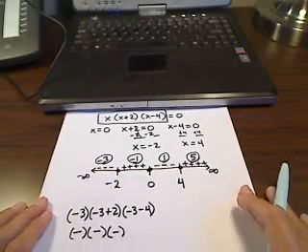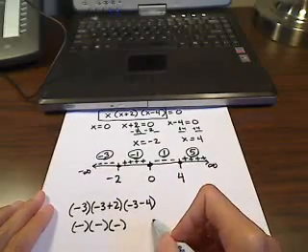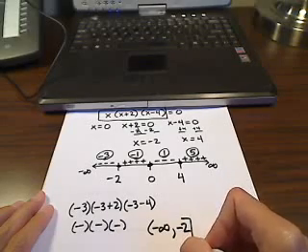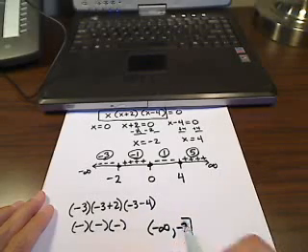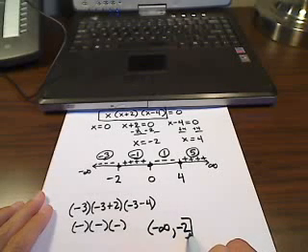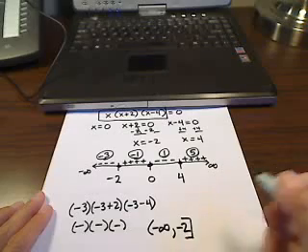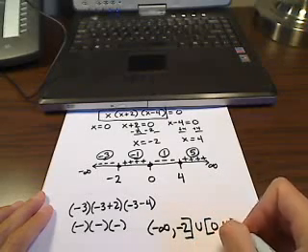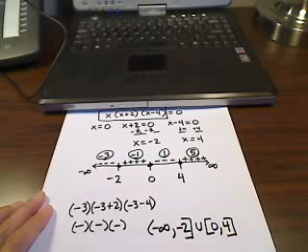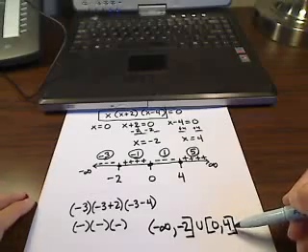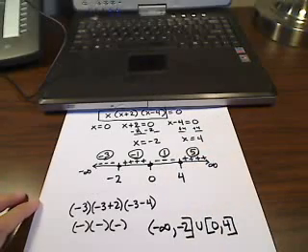So in interval notation, it would look like this. I would go from negative infinity up to negative 2. I would use a parenthesis on infinity, always a parenthesis on infinity, and a bracket on negative 2 because I'm including that number. I'm going to union that with 0 out to 4, with brackets on both 0 and 4 because we're including those numbers as well.